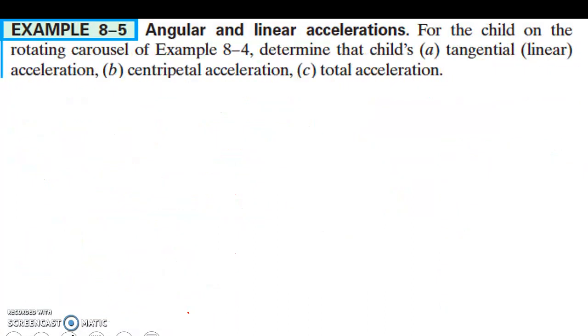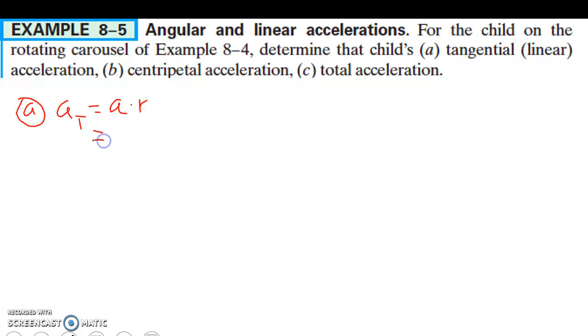So let's take a look at this same situation, and for the child here, what is the linear acceleration, the centripetal acceleration, and total acceleration? This is a really good question. If we want to find linear acceleration, the tangential acceleration is going to be equal to our angular acceleration times our radius.